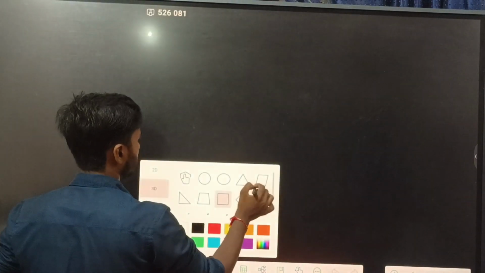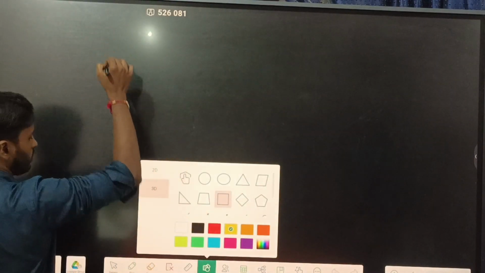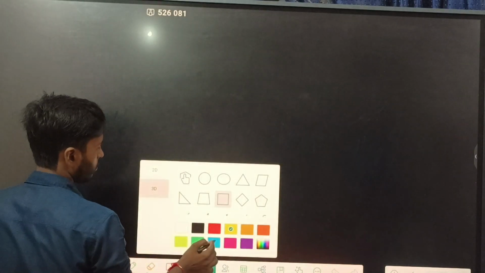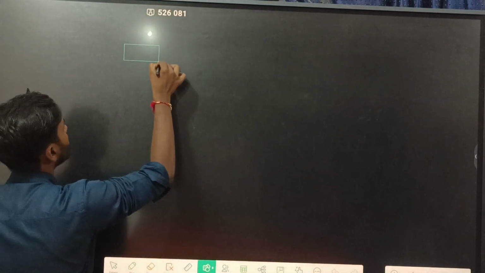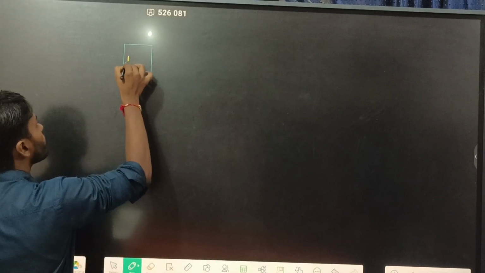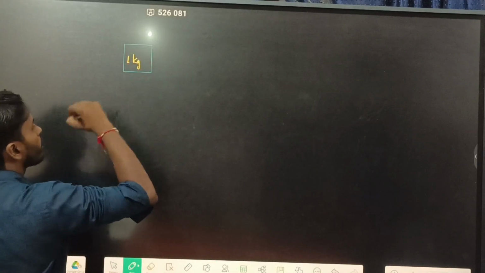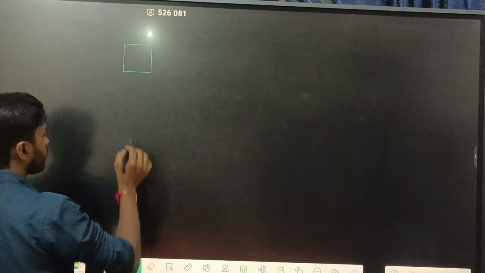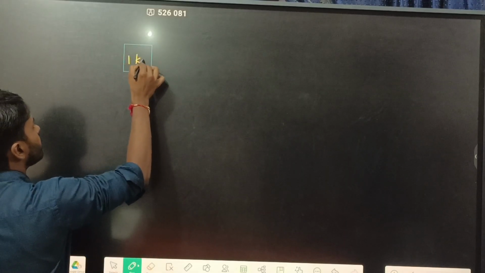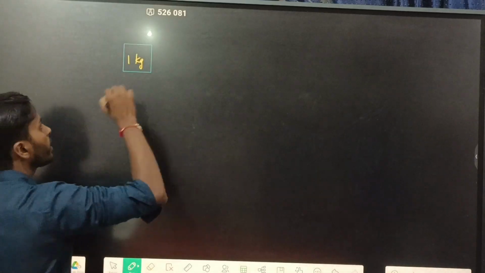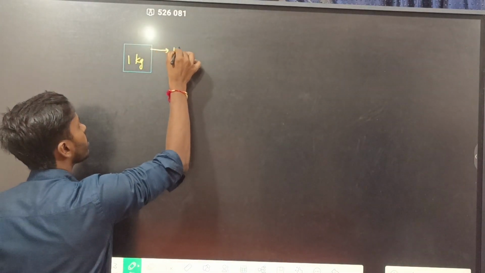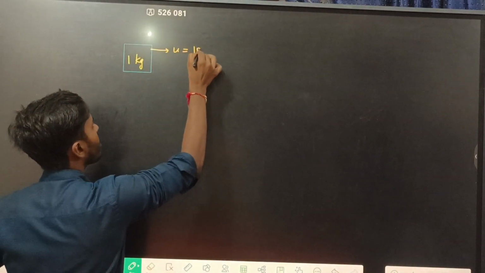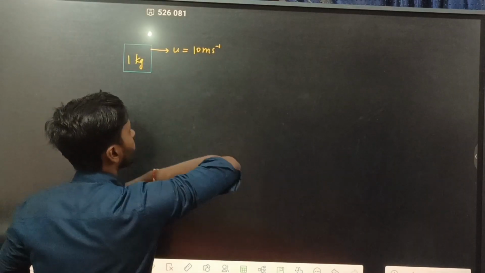All right, so let's take another example. Suppose there is a body of mass 1 kg. It is moving initially with an initial velocity of 10 meter per second.